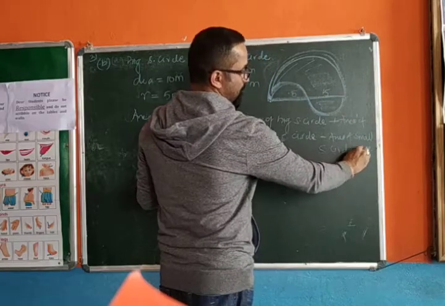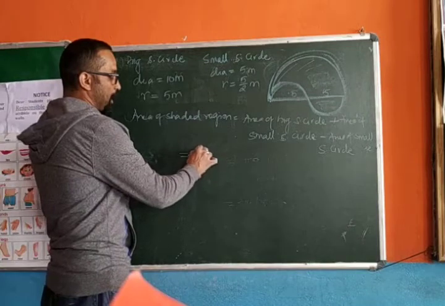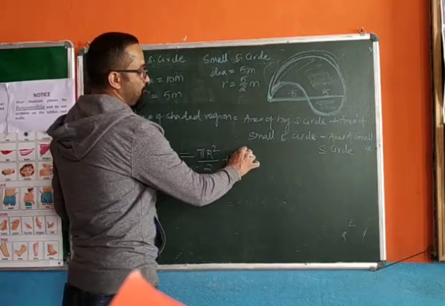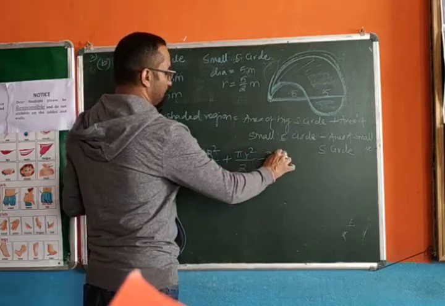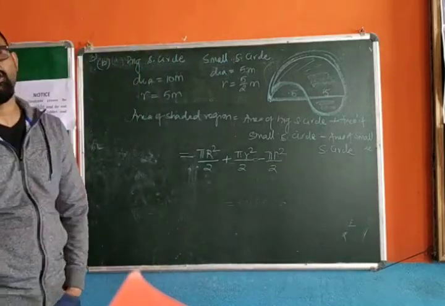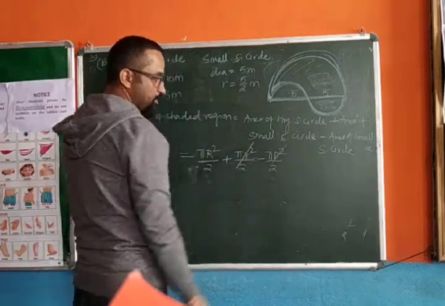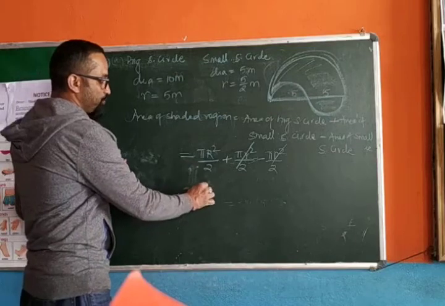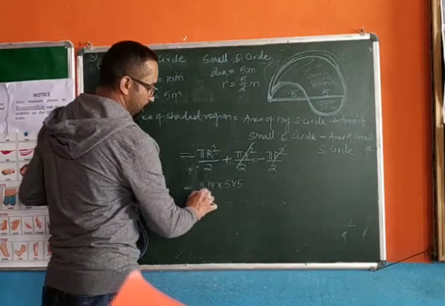Now you write the formula. Pi capital R square divided by 2 plus pi small r square divided by 2 minus pi small r square divided by 2. There is a condition in the question, small ones are equal. So plus minus cancels. You can cancel it. Value of pi is 3.14 into radius is 5 divided by 2.